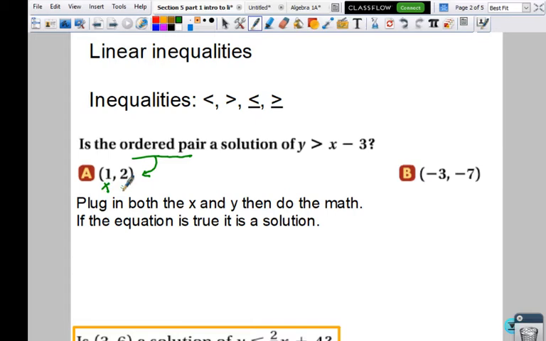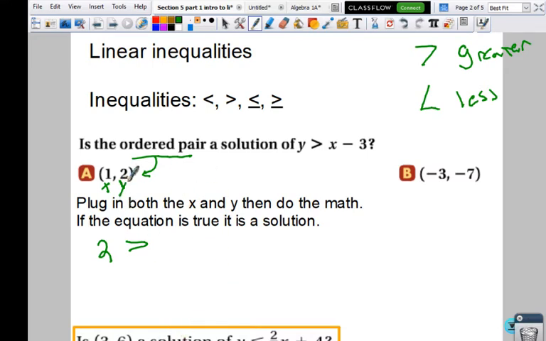So I have an x and then a y, right? Like this. So I'm going to plug in 1 for x, and I'm going to plug in 2 for y. So instead of y, I'm going to have 2. I have greater than. Remember, this way is greater than. The other way is less than.